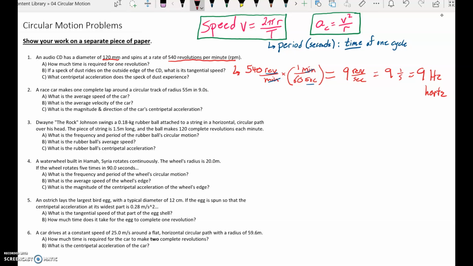All right, so this is going to be our frequency, which is measured in 1/seconds, or hertz. And we can think of this as how many cycles per 1 second.